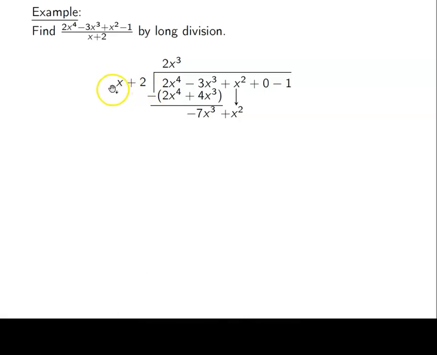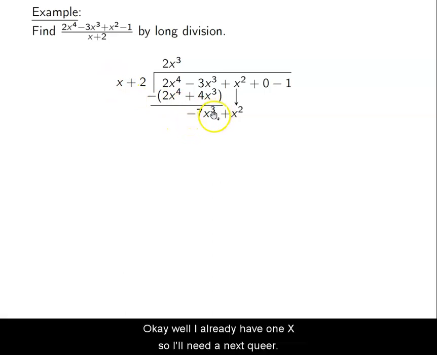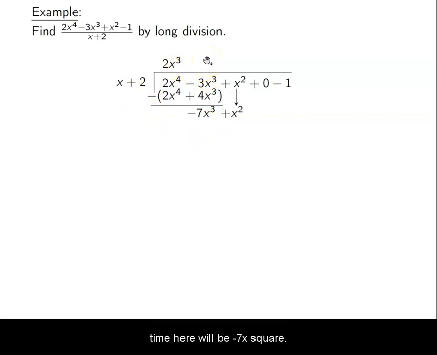And I say, okay, what can I multiply times x to get negative 7x cubed? Well, I already have 1x, so I'll need an x squared. And in order to get these to match, I need a negative 7. So my next term here will be negative 7x squared, because this times this makes that match.